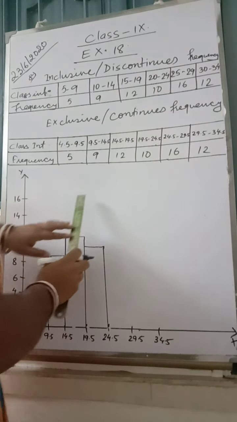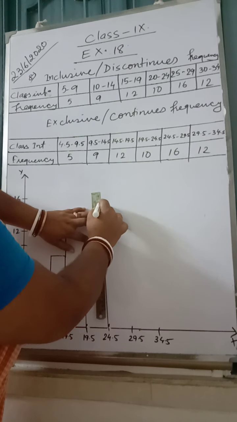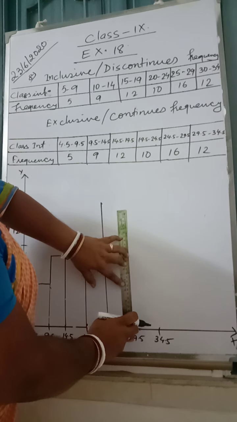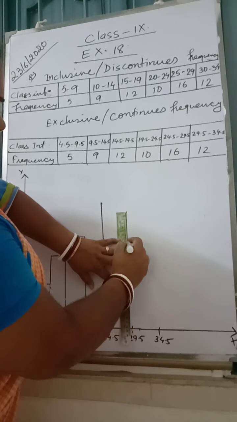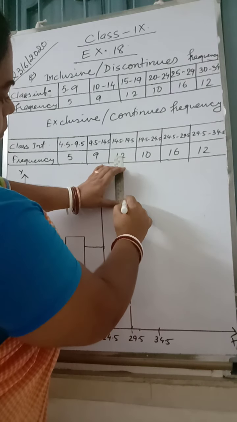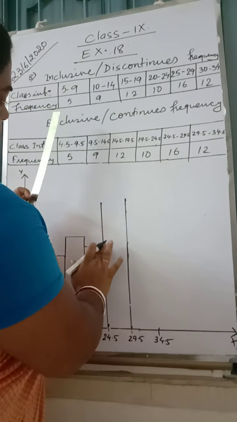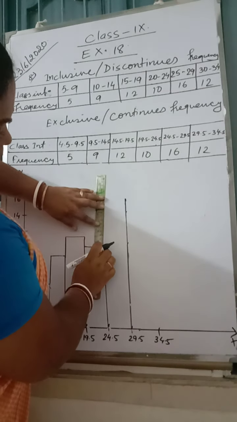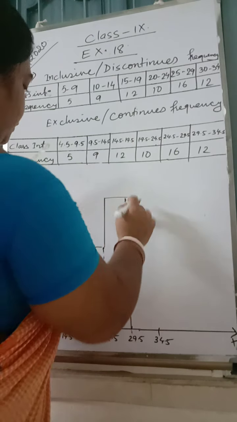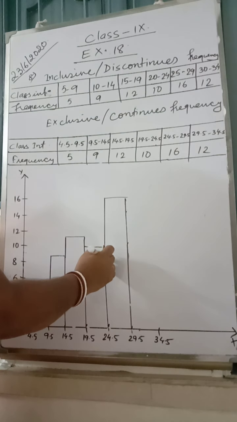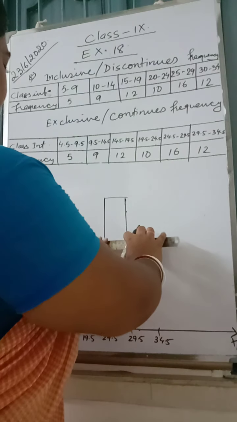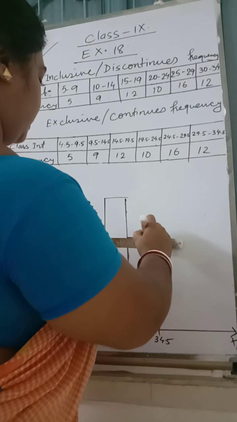Next we have 16, so this will go up. This is for 16. Then we have 12. Again it comes up to 12.